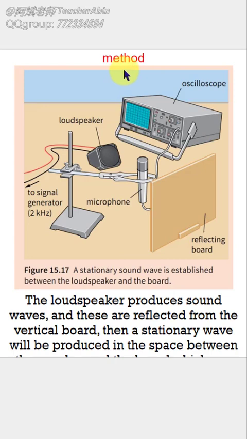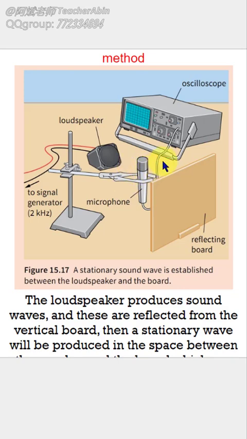The method of this experiment is illustrated by this figure. The loudspeaker produces sound waves, which are reflected back from this vertical reflecting board. So a stationary wave will be produced in the space between the loudspeaker and the board, which can be detected by the microphone here.